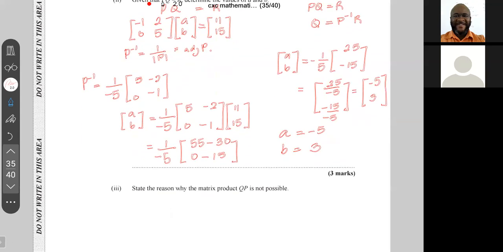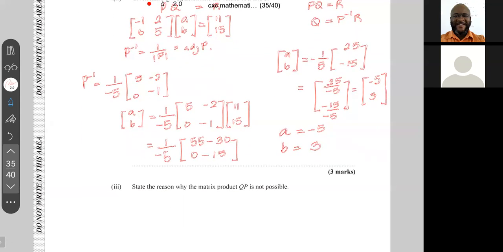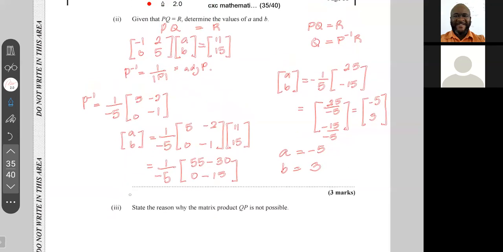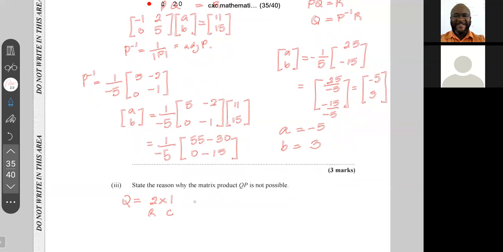Next, we're asked to state the reason why the matrix product QP is not possible. Well, Q is a 2 by 1 matrix. It has 2 rows and 1 column. P is a 2 by 2 matrix.